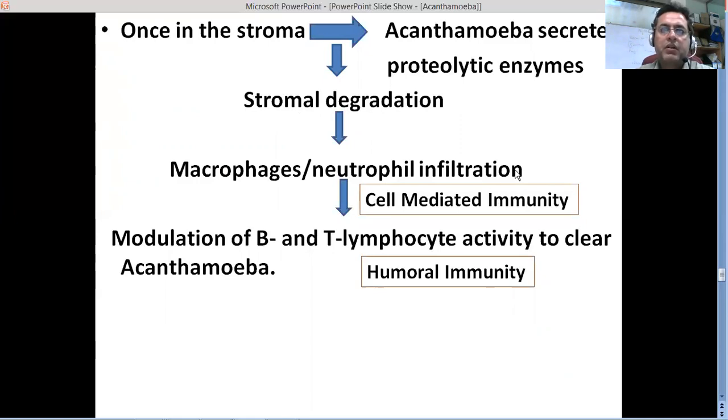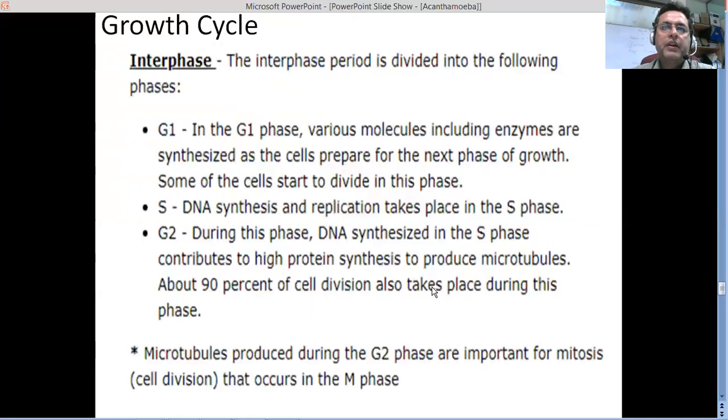So there will be a kind of cell-mediated immunity in action here. And this, in turn, will lead to modulation of the B and T cell responses, which, of course, would lead to antibody-based immunity or humoral responses being generated for the clearance of this particular parasite.